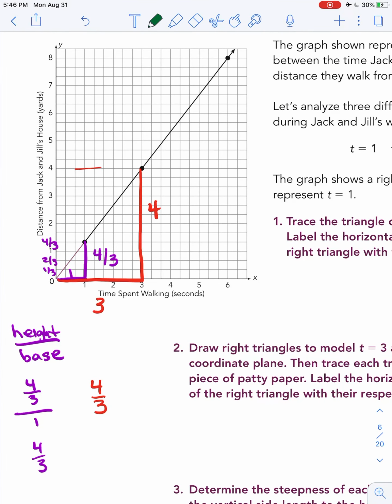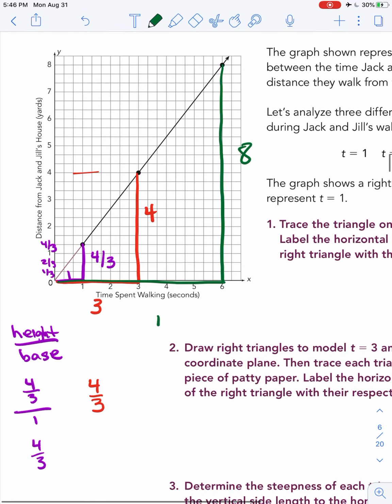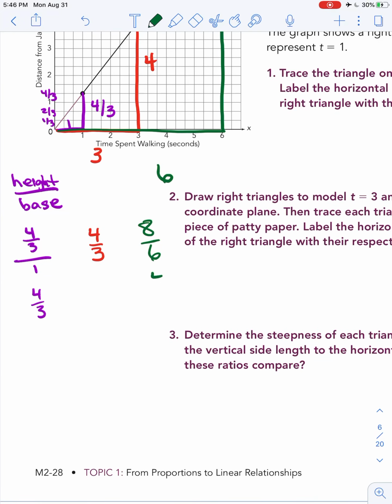Now we'll do green. We're going to do that with this one. And hopefully, there we go, that wasn't too bad. Okay, so the green triangle, how tall is it? That's 8. How far across is it? It's 6. So I have 8 over 6. When simplified, it still is 4/3.